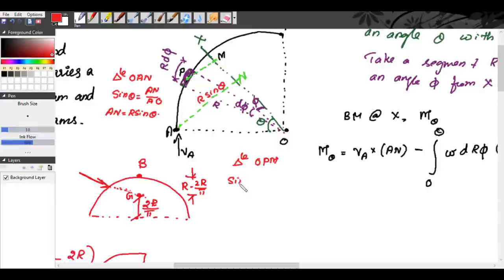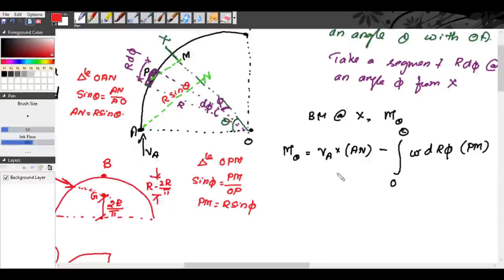You get sin pi is equal to PM by OP. OP is the radius R. Therefore, we get PM is equal to R sin pi.